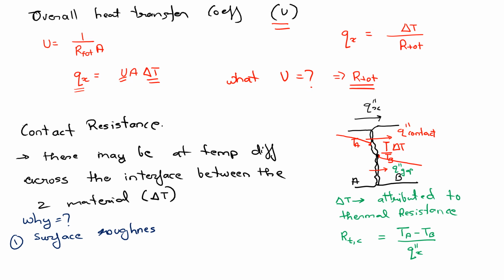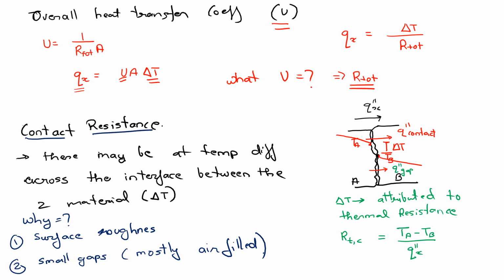So you will never have a perfectly smooth plane surface. Each surface will always have some surface roughness, and due to those surface roughness you may have small gaps in between, and these gaps will mostly be air filled. Okay, so this is an important concept as well, contact resistance.